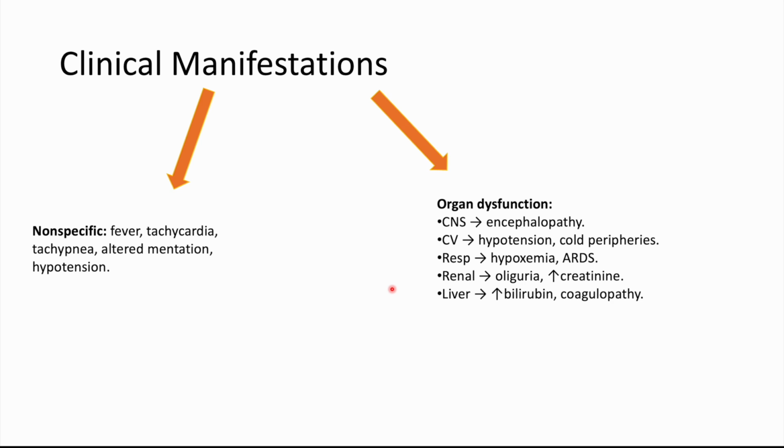In the kidneys, oliguria and rising creatinine. And in the liver, you see increased bilirubin leading to jaundice, and coagulopathy. And don't forget the mimics, like pancreatitis, heart failure, and pulmonary embolism. They can all look like sepsis. So that's why you always need to think critically and not just jump to antibiotics for every fever and tachycardia patient.